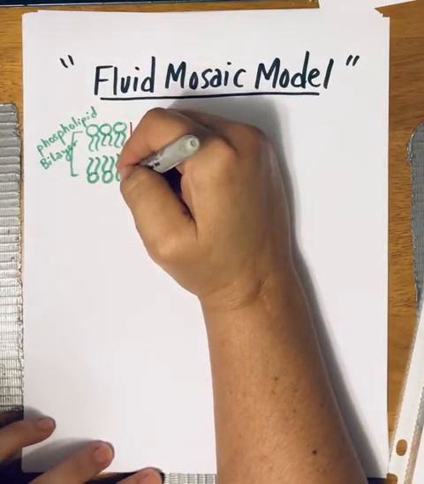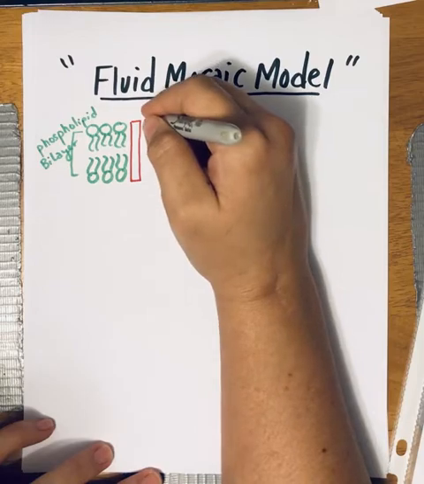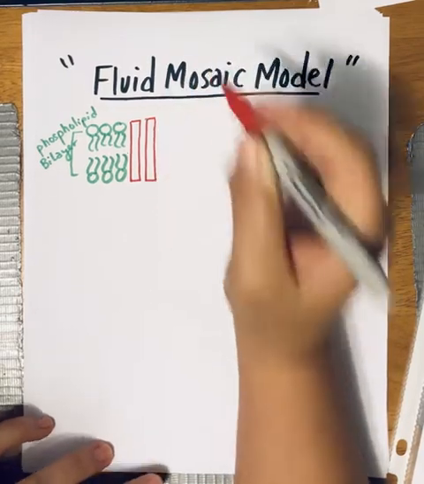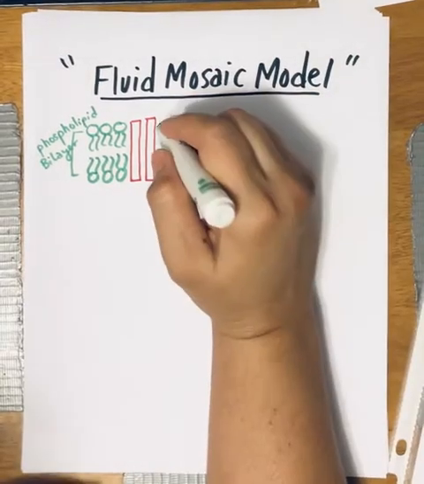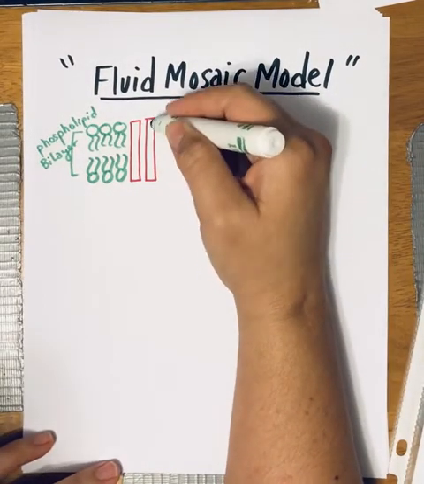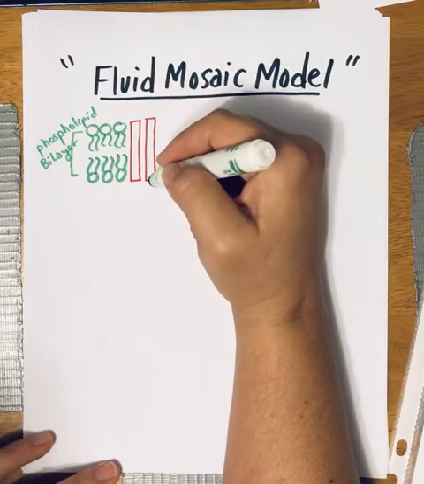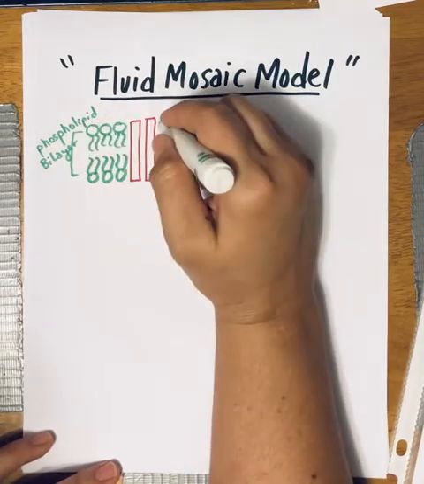So they're going to be different sizes and shapes. So I'm going to draw a couple different ones. That's one protein. It's a transmembrane or integral protein because it goes to both sides of the phospholipid bilayer.